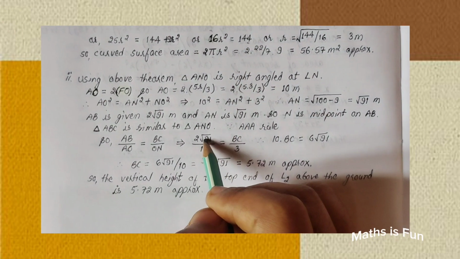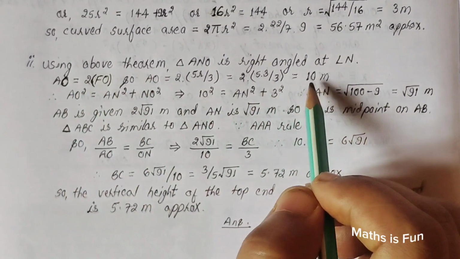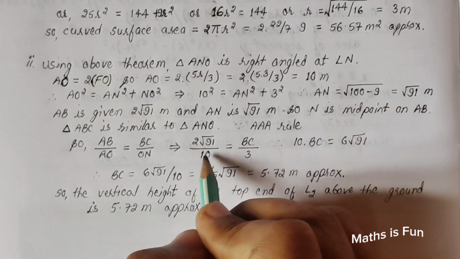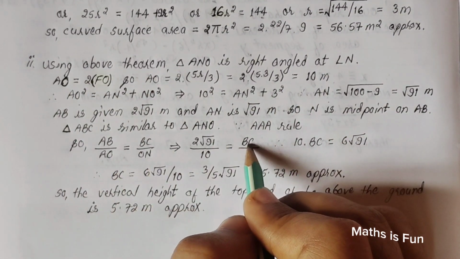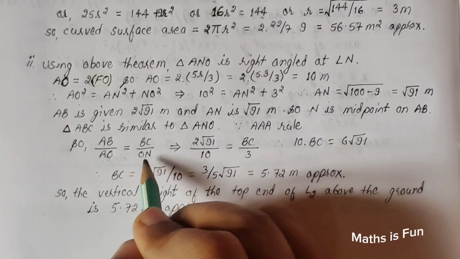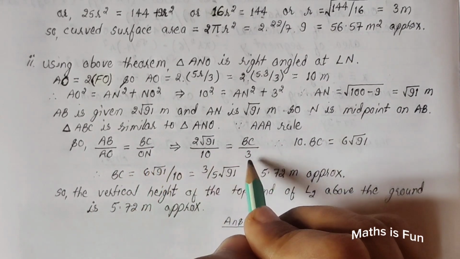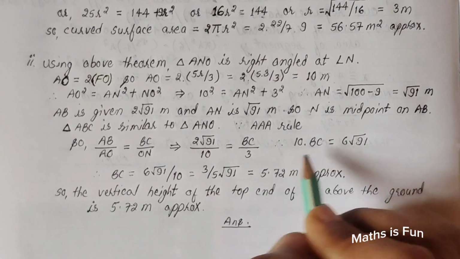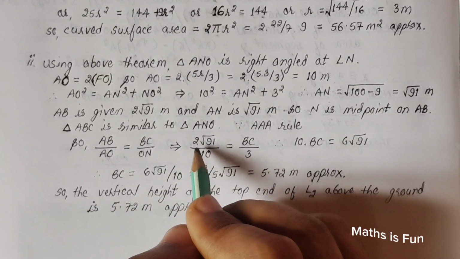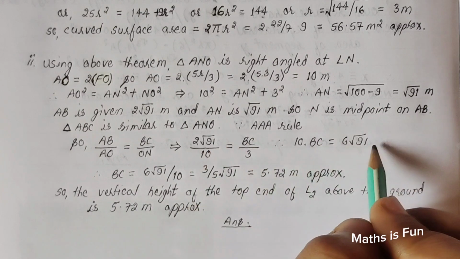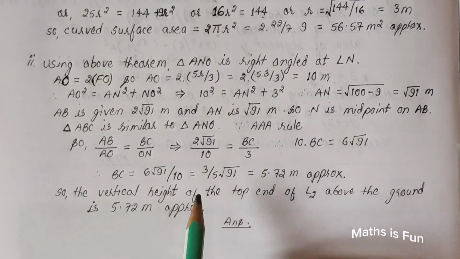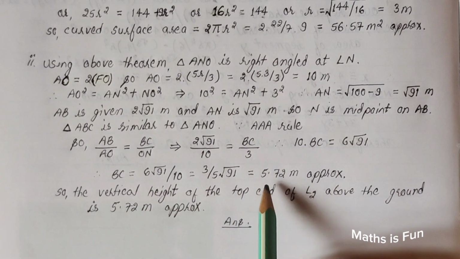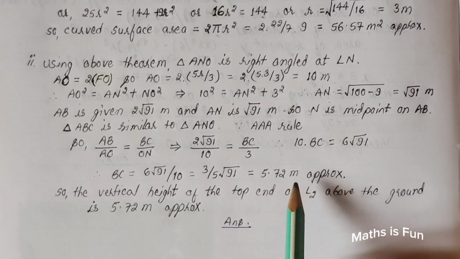So we place it here, AO we have found out as 10 meters, so we put 10 here, equals BC, which we need to find out, over ON, which is the radius, that is 3. So by cross multiplication we get 10 times BC equals 3 into 2 times root 91. If we simplify this, we get BC approximately equal to 5.72 meters.